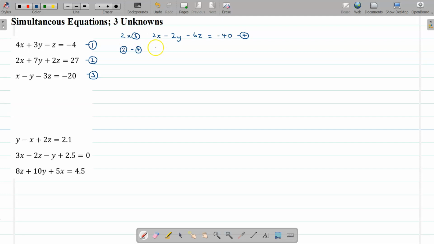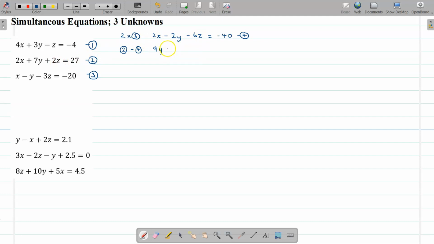Okay, and what would that be? Well, it would be 2x minus 2x, which is 0. That's why we did it. It would be 7y minus negative 2y, which is 9y. Be careful about the subtracting a negative number. And we've also got 2z minus negative 6z, which is actually 8z.